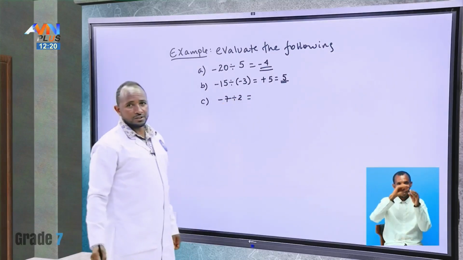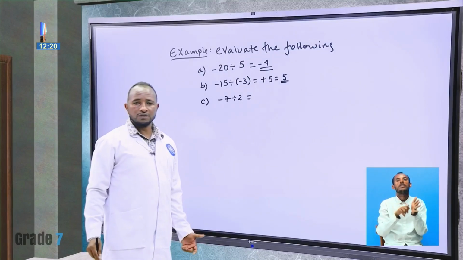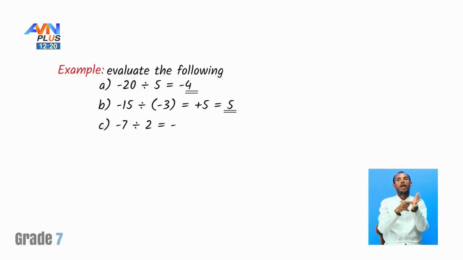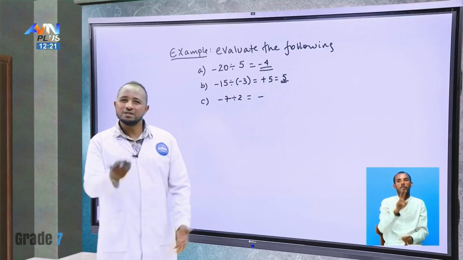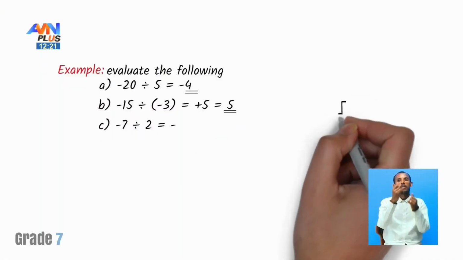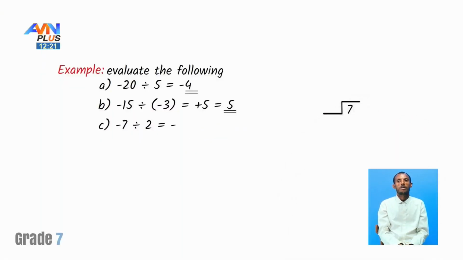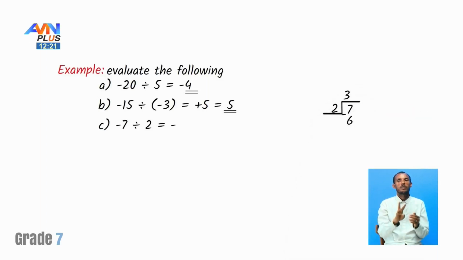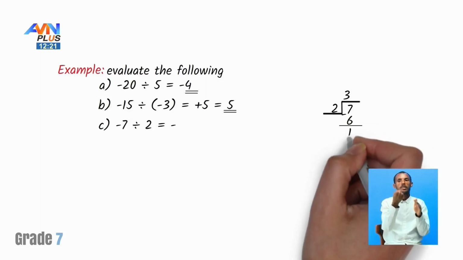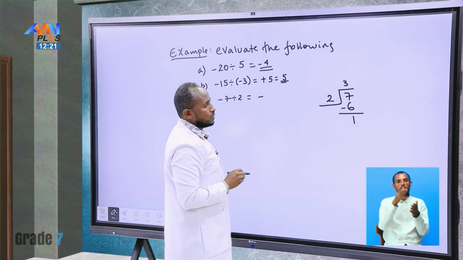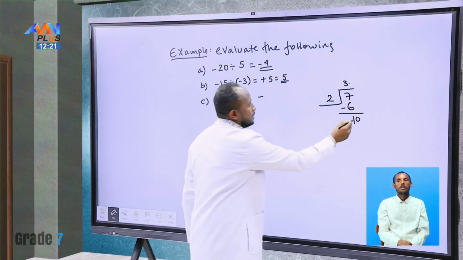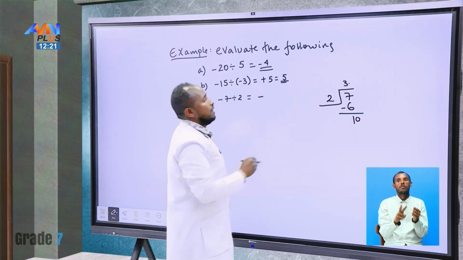These two numbers, as you can see, have different sign. One is positive, the other is negative. So the sign of the quotient is negative, and then you divide 7 by 2. Let's divide 7 by 2 here. 3 times 2 gives us 6, and then you subtract 7 minus 6, it is 1. 1 divided by 2 cannot, so put a point here and add 0. 10 divided by 2 is 5.